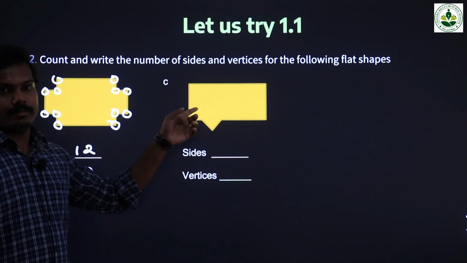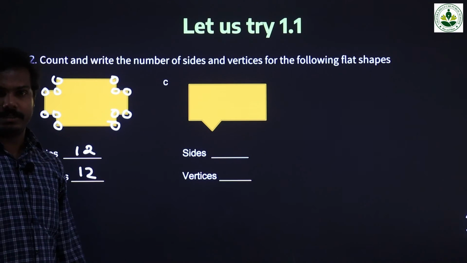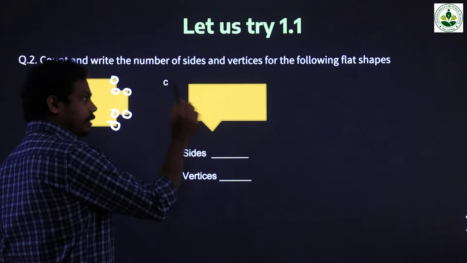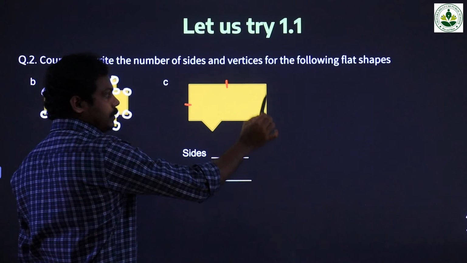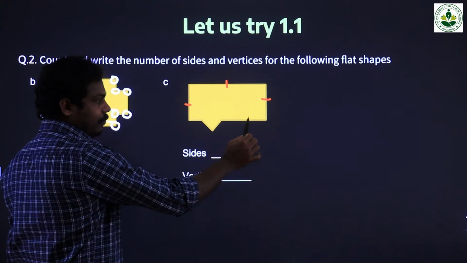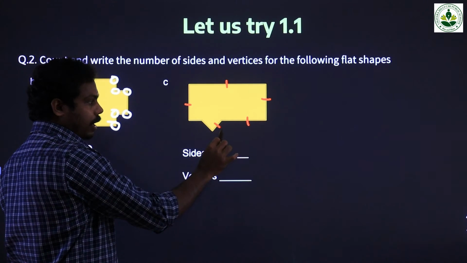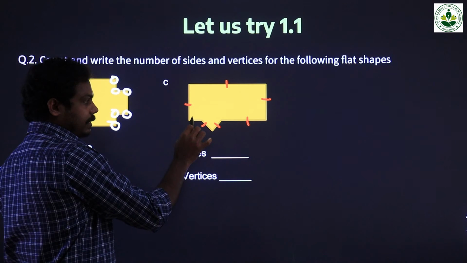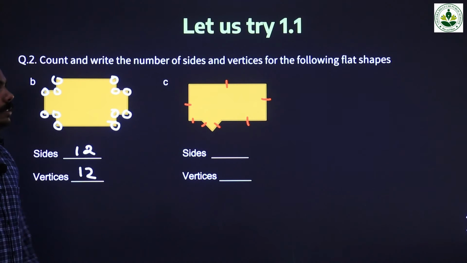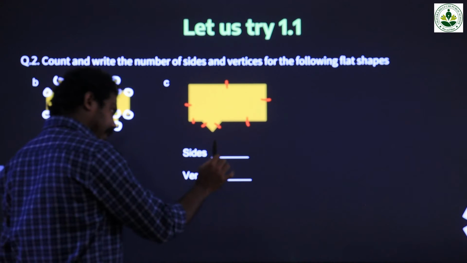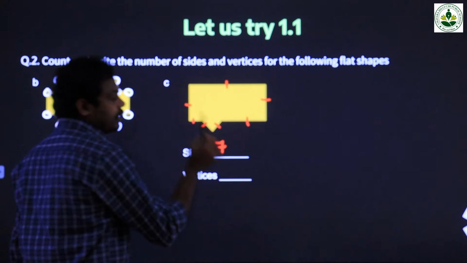And second one, number of sides 1, 2, 3, 4, 5, 6, 7. The number of sides of the second figure, that is 7.